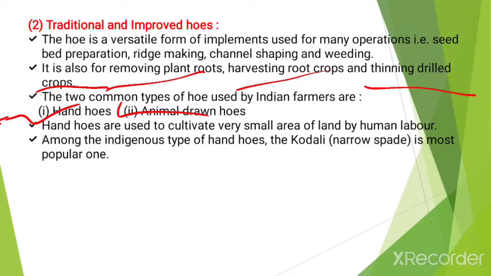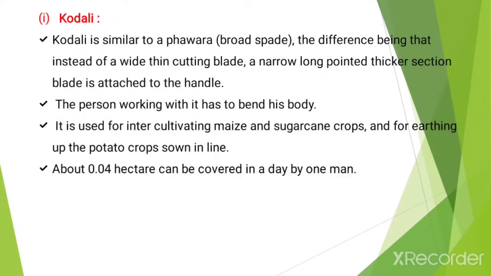Hand hoes are used to cultivate a very small area of land by human labor, and among the indigenous types of hand hoes, the kudali or narrow spade is the most popular one. Now let's know about kudal or kudali.